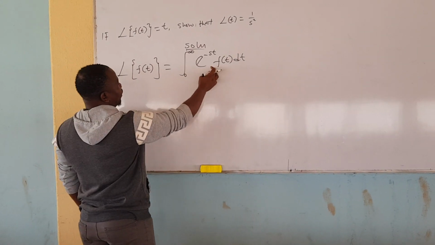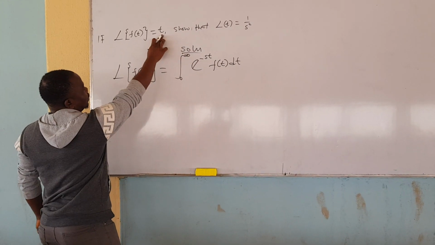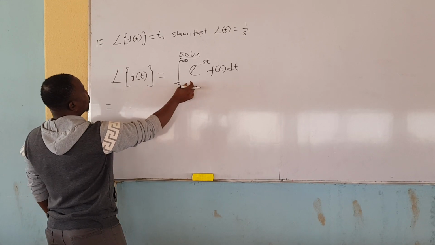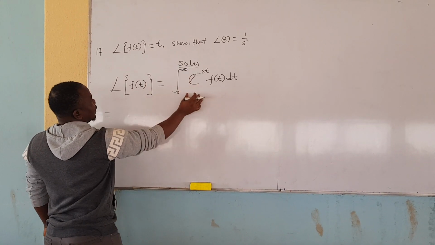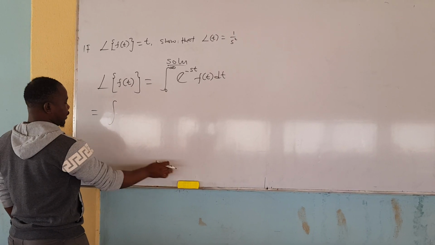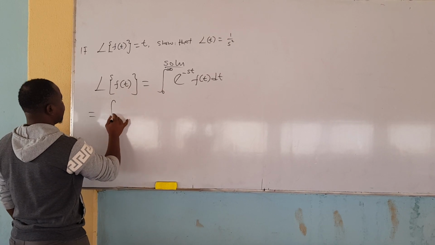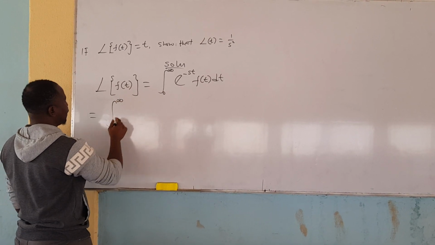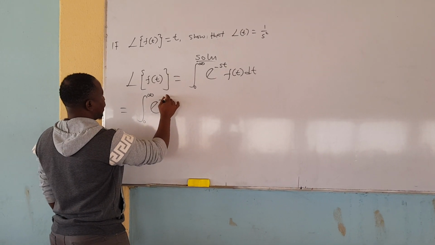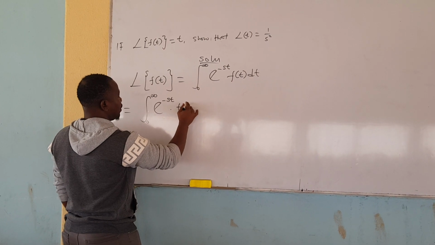We know that our f of t is given as t. So we are going to substitute t into this integral by writing the integral from 0 to infinity of exponential minus st, times t dt.